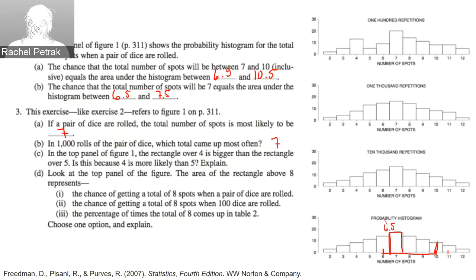This is just chance error, and that's why we have to account for many repetitions before we get to a probability histogram that actually represents the ideal probabilities, or expected, rather.